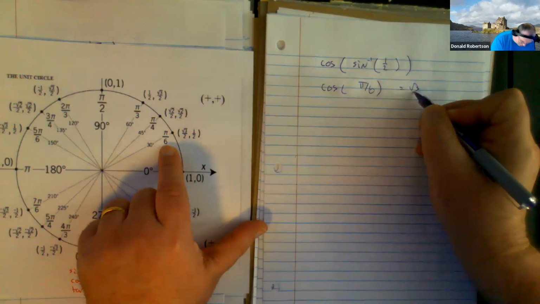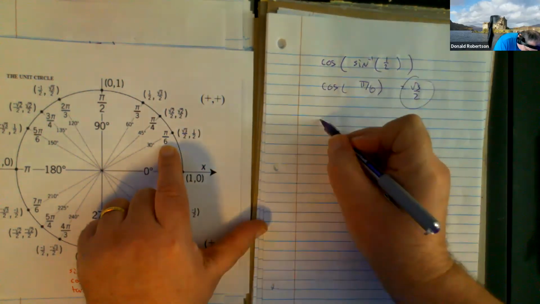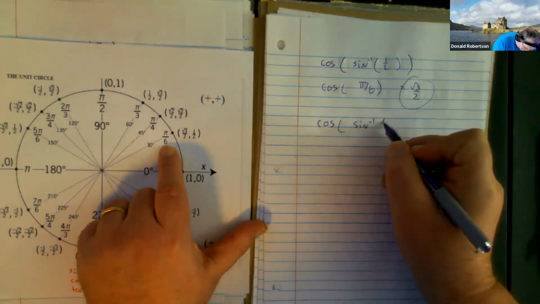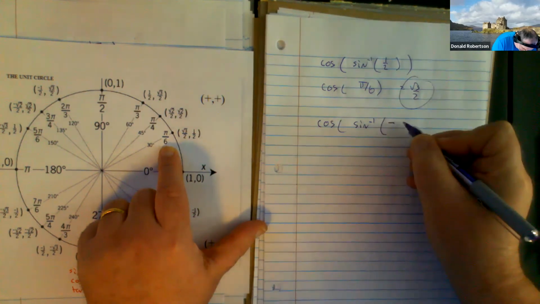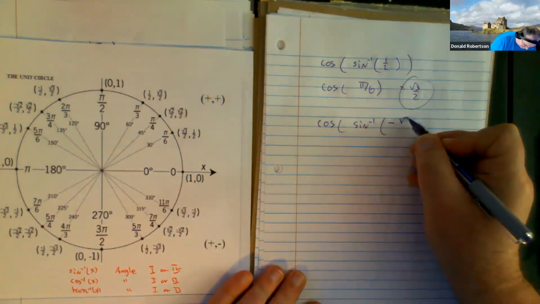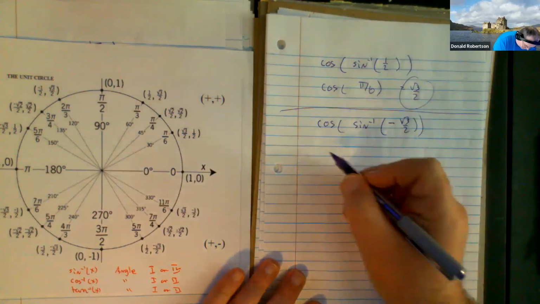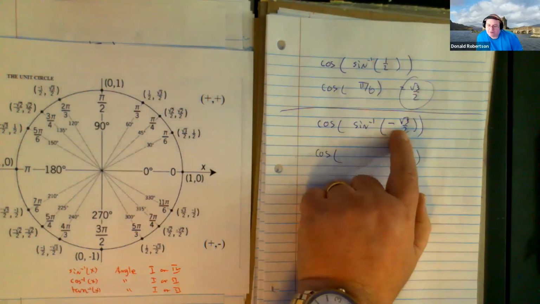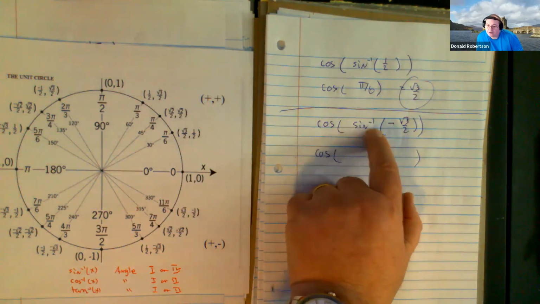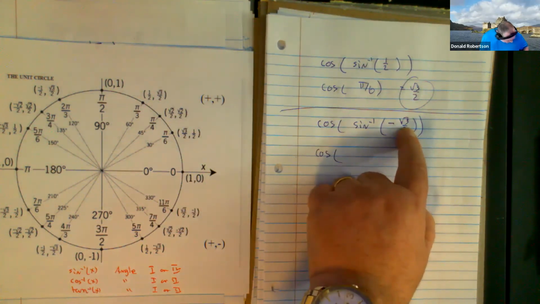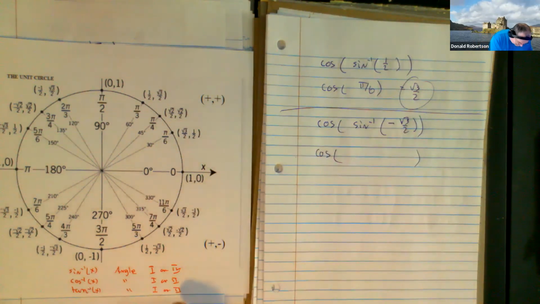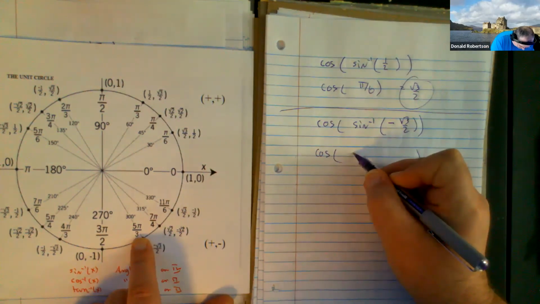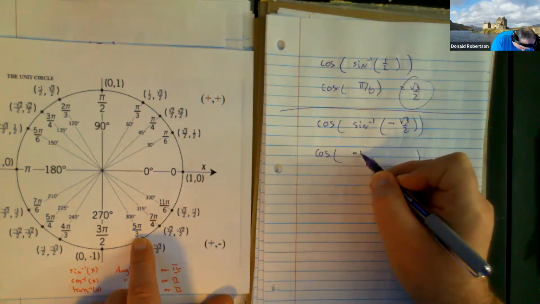So there's your answer. Now, if I do the cosine of the inverse sine, but now I choose, I don't know, negative √3 upon 2. First thing you do is you find the angle in the 4th quadrant that looks like this guy, and that happens to be negative pi upon 3.